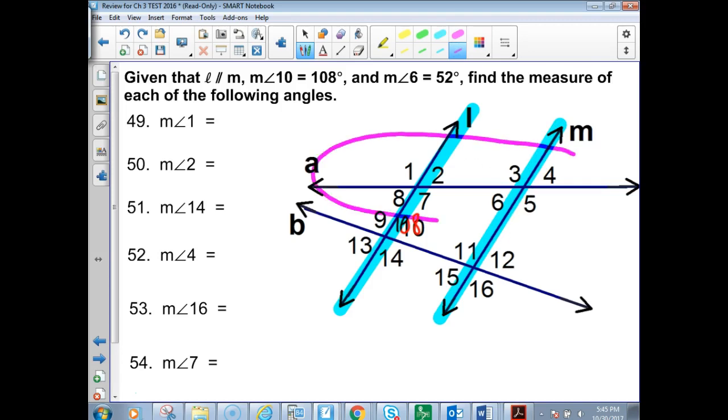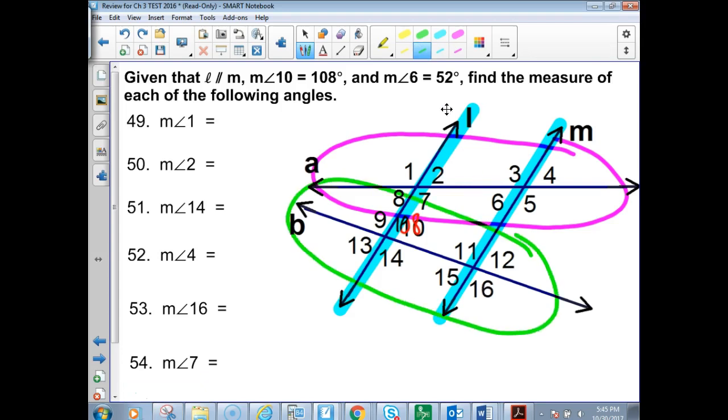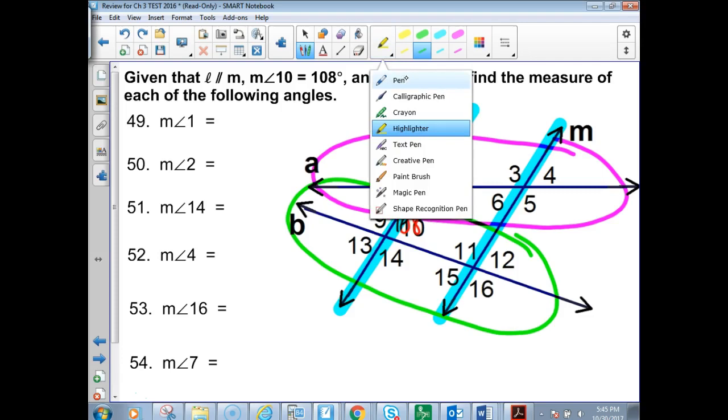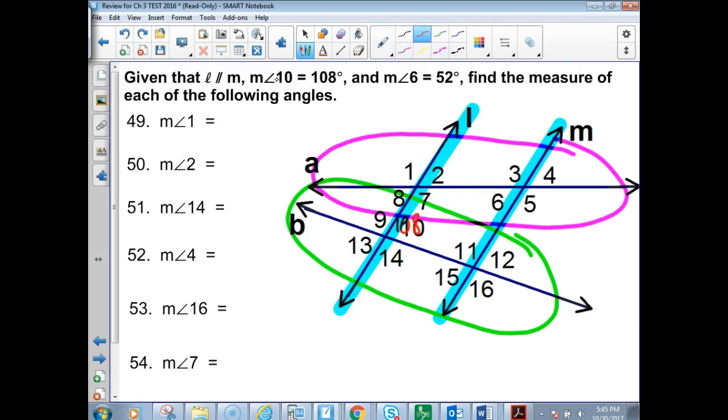So up here, when A is the transversal, those are in a relationship, versus the ones down here. That's a separate relationship. So if angle 10 is 108, the only angles that are related to it are the ones down here, where I have circled in green. This would be 72, this would be 72, this would be 108.